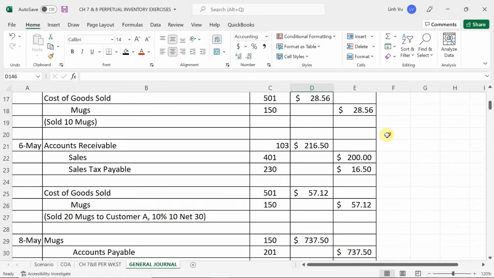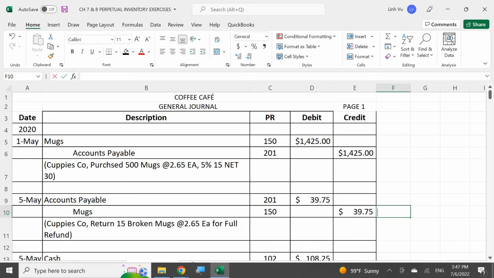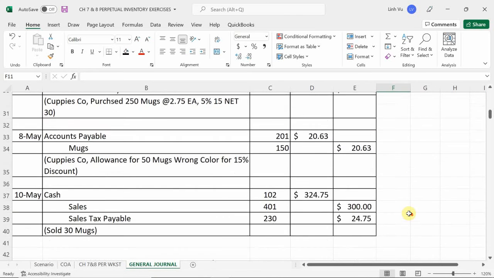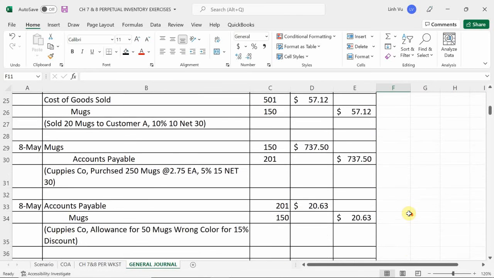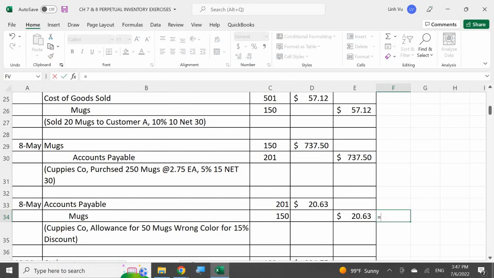Okay, so let me see. For this batch of inventory, we have the 1412 minus the 39.75. So you have 1385.25. Okay, for that one. Then you have this purchase here for the 737.